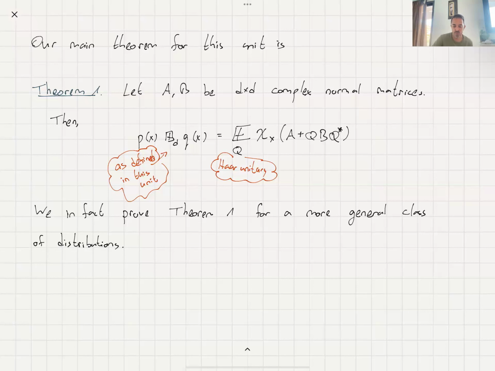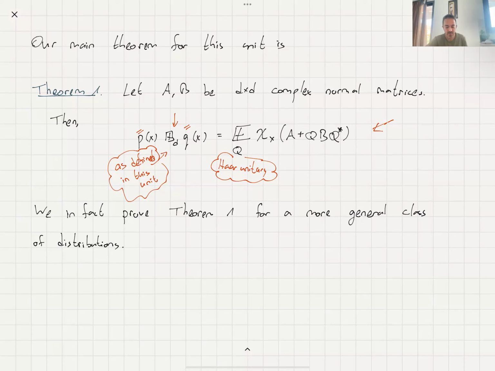If you have these two such matrices, then the new definition of the additive convolution applied to their characteristic polynomials, P and Q, is the same as what we actually define to be the convolution, namely the expected characteristic polynomial with respect to Haar unitary, because everything is complex valued. But you can replace it with Haar orthogonal if you assume that A and B are just symmetric matrices.